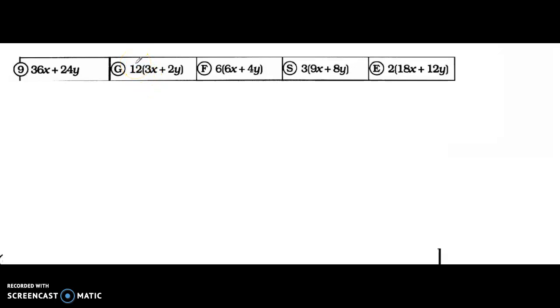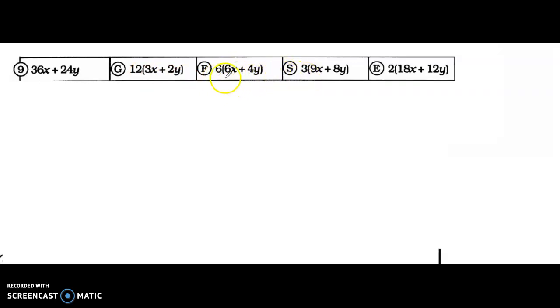And you know what a shortcut would be? If I wanted to be strategic about this, I know my answer has to equal 36x, right? So if I look at 12 times 3, I know that equals 36x. So this is a possible choice. 6 times 6 is 36, and I bring the x along with it, so that's 36x.